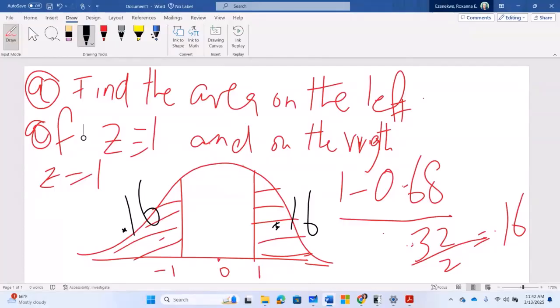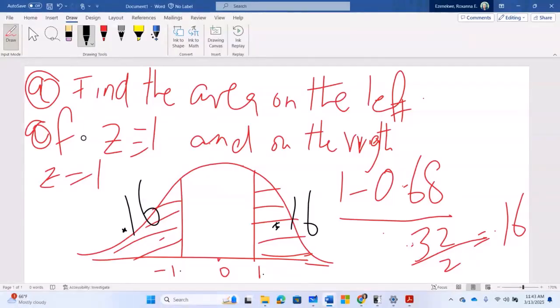And by the way, normal curve is symmetrical. Therefore, the absolute value of -1 is 1, and the absolute value of 1 is 1. So since the normal curve is symmetrical, area to the left of -1 is equal to area to the right of 1.